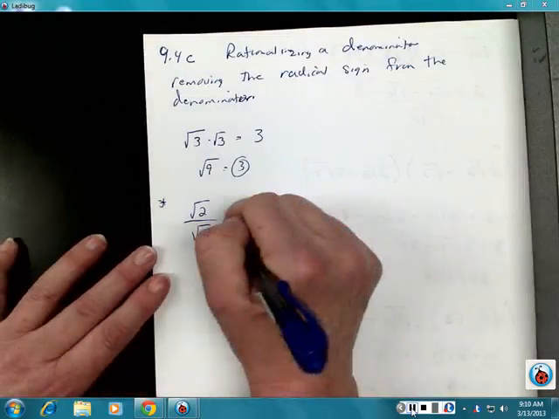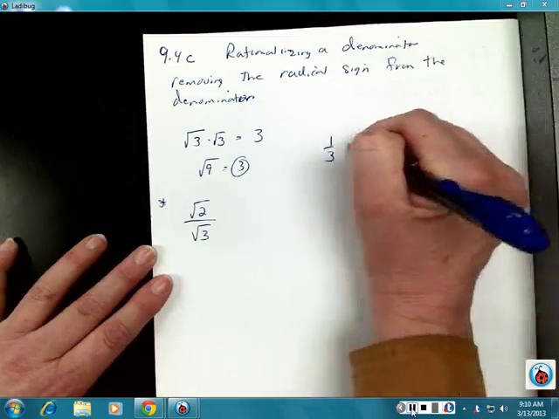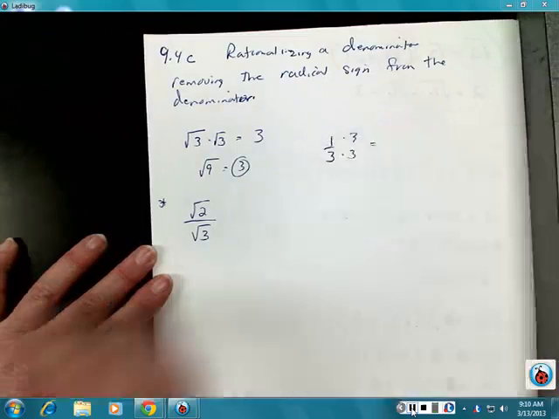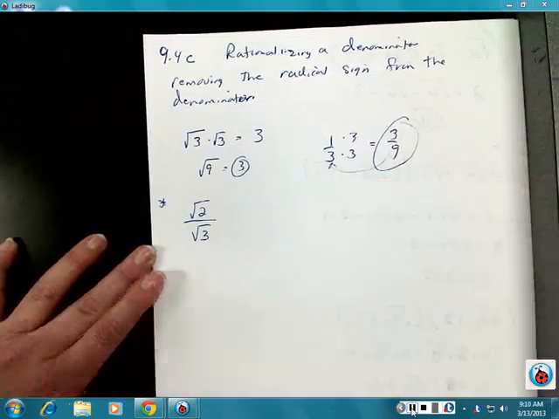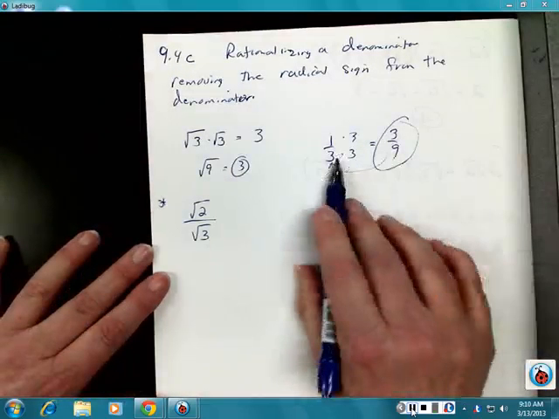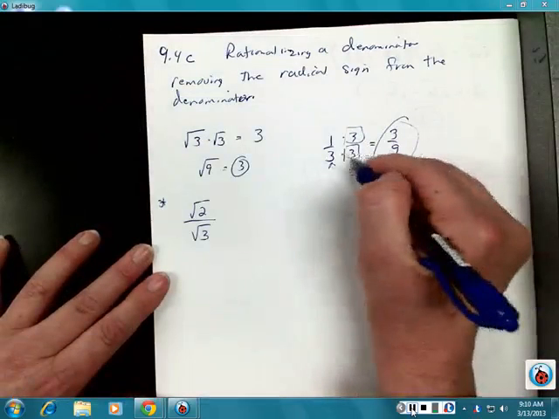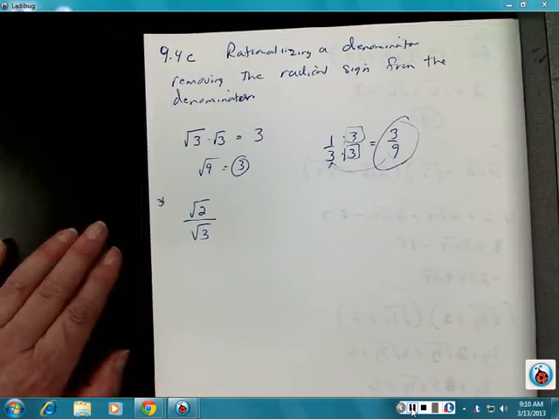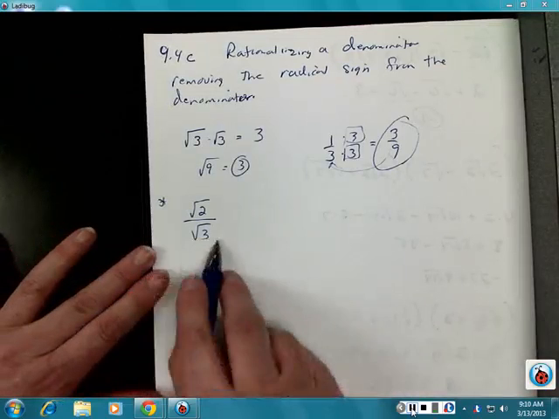With fractions, if I had 1/3 and I multiply the bottom by 3 and the top by 3, I end up with 3/9. Is 3/9 the same as 1/3? We learned way back in basic math that these two are identical. So as long as whatever I do to the bottom, I do to the top, I keep everything the same. You guys got that?